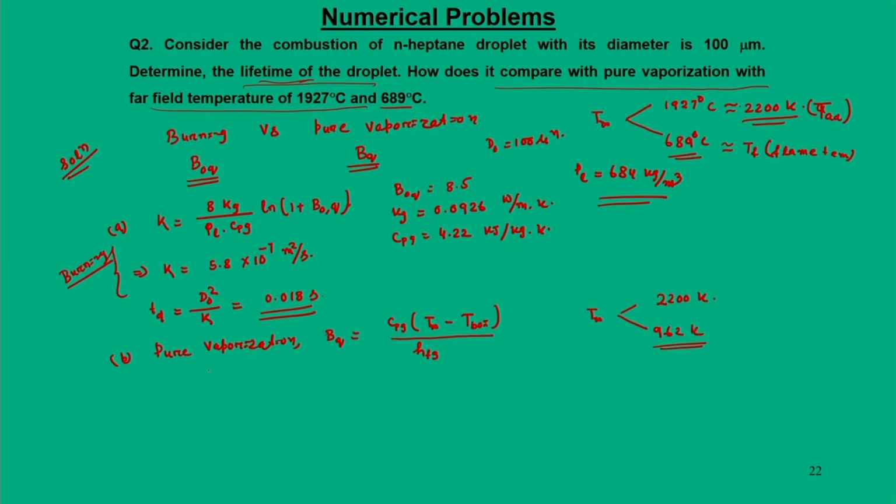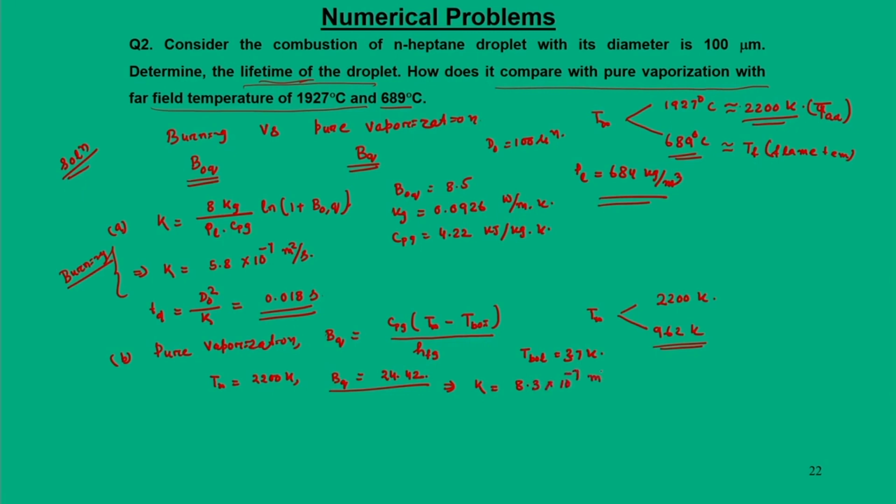If T infinity is equal to 2200 Kelvin, we will have BQ as 24.42, boiling point is 371 Kelvin.